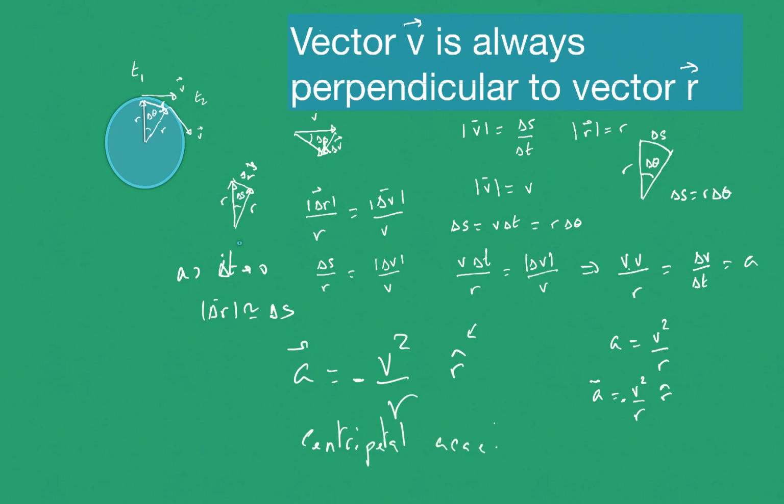acceleration. It's also named normal acceleration because it's going perpendicular to the tangent. It's going here like this. The acceleration is normal, always.